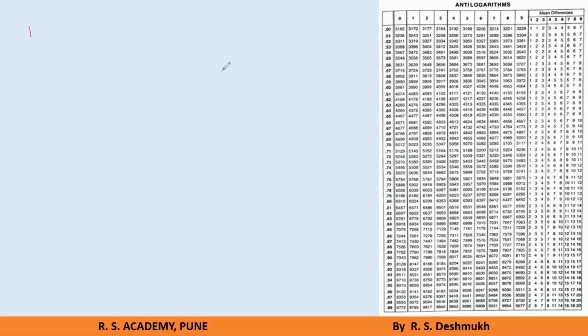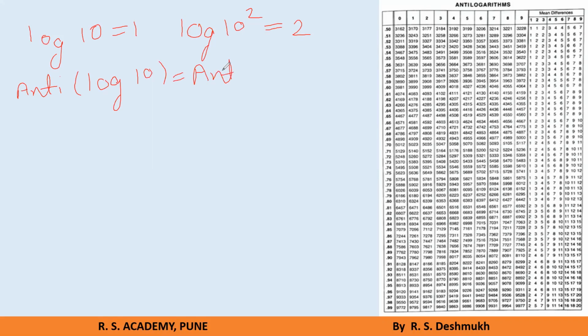In the last session we said log 10 to the base 10 is equal to 1, and in a different form, log of 10 to the power 2 is equal to 2. Now if I want to find the antilog, just check it. Antilog and log of 10 is equal to antilog of 1.